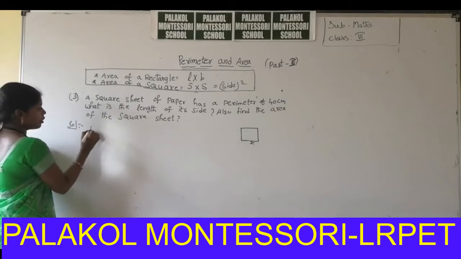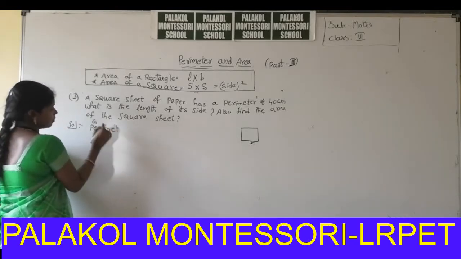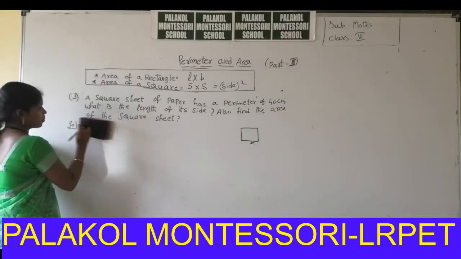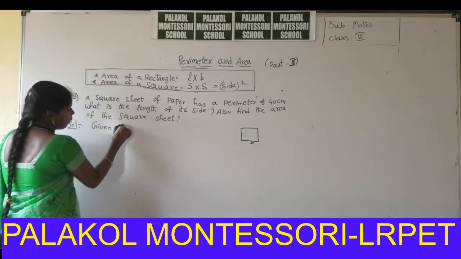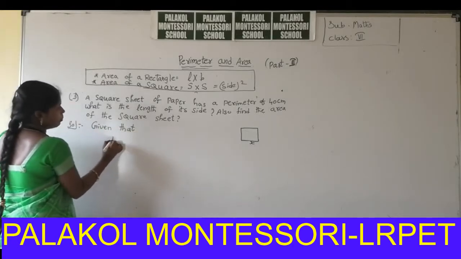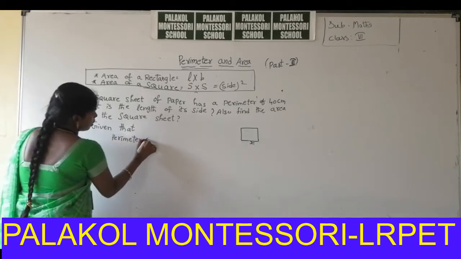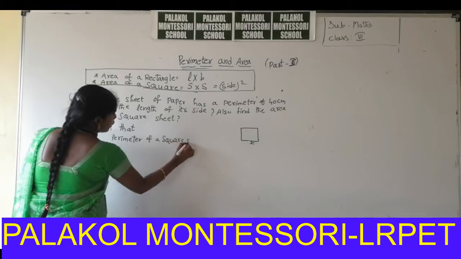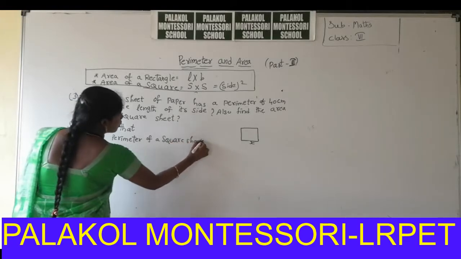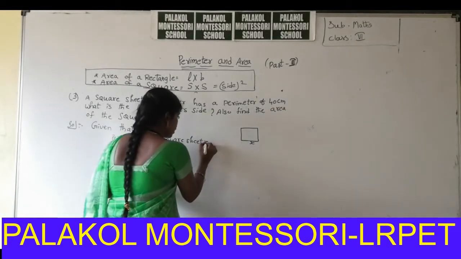So, students listen. Given that the perimeter of a square sheet is 40 centimeters.